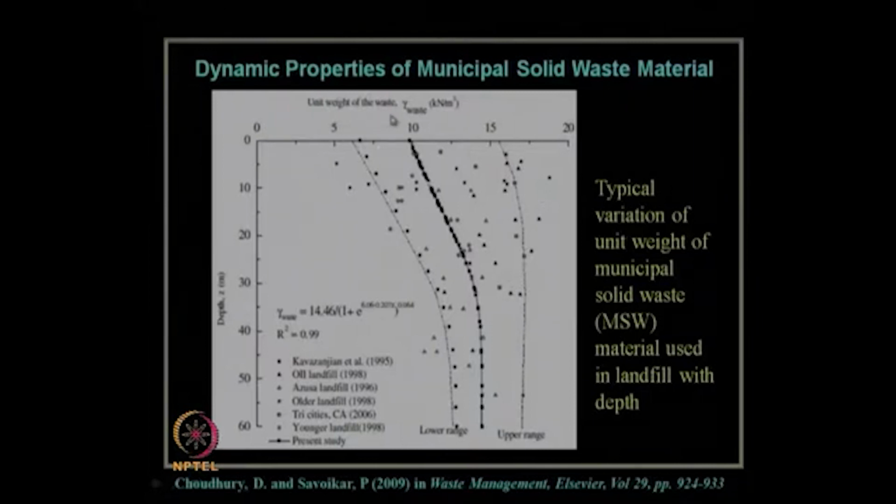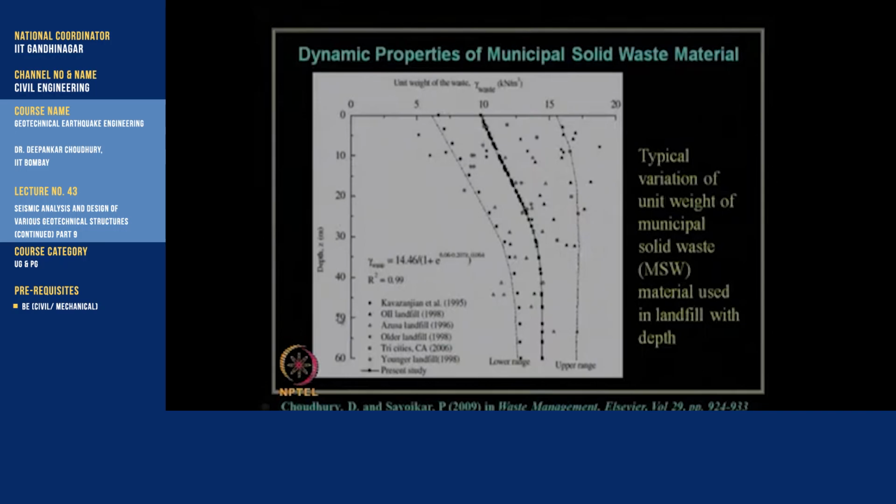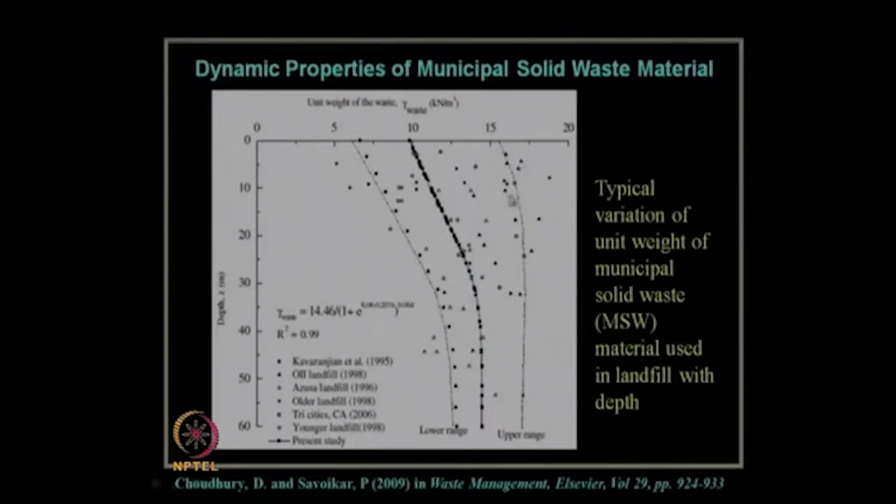From the collected worldwide data on municipal solid waste properties, he estimated the unit weight of waste material, which varies with depth. As you can see, there is a wide range of variation of gamma of waste, the unit weight of waste material, expressed in kilonewton per meter cube, with depth in meter. There is a wide range of variation as collected all over the world, but by taking the parameters from a local coordinate system to a global coordinate system, in such a way that all the data points come in a narrow band, which is of course not visible in this direct axis system, one can plot in this form.